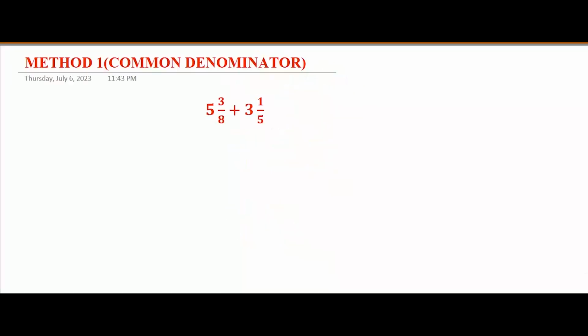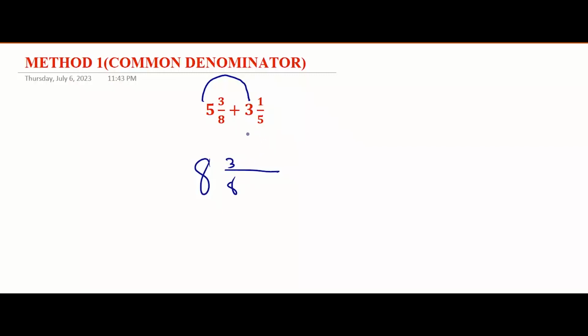Let's look into another method, that is common denominator. Similarly, we need to add 5 and 3 together, that is the whole numbers. We have 8 whole number, then common denominator will be 3 out of 8. So we multiply the first fraction by this denominator, which is 5, that is by 5 here, by 5 here. Then add 1 out of 5. This is the second fraction, so we multiply it by 8.